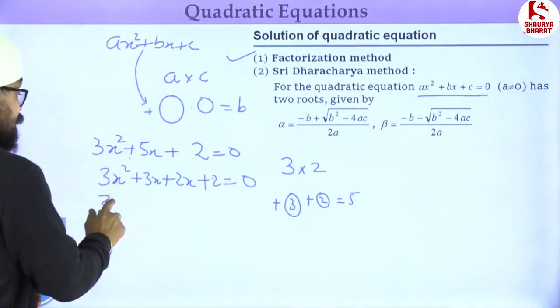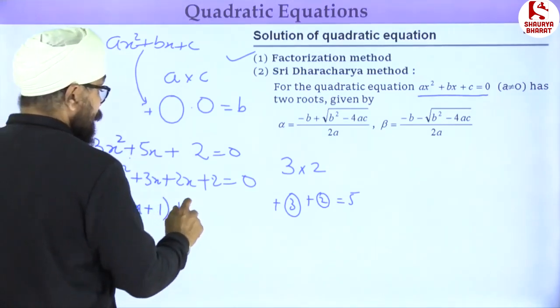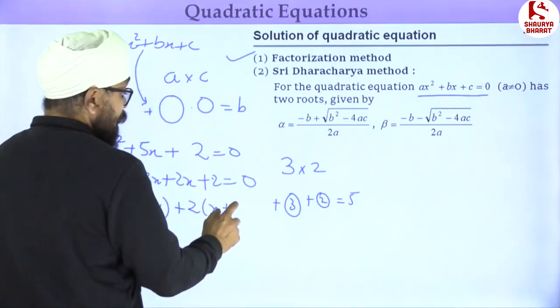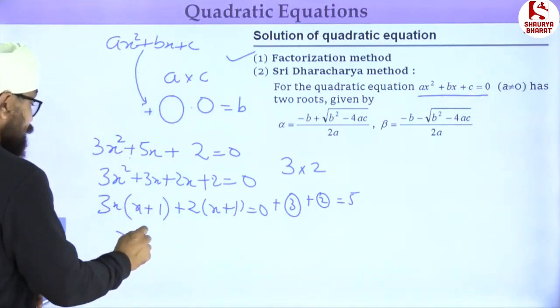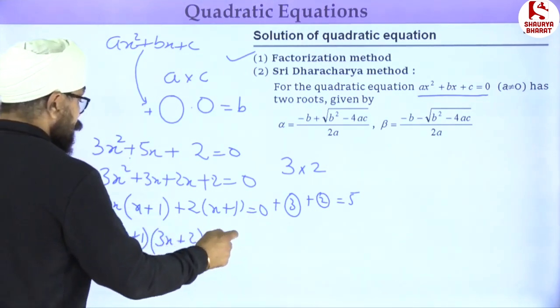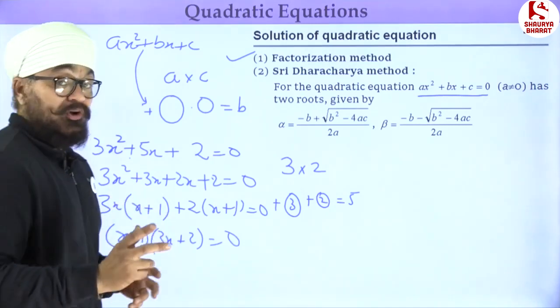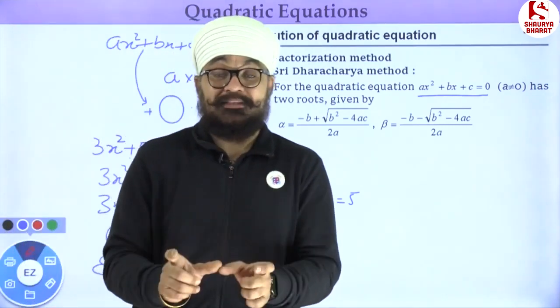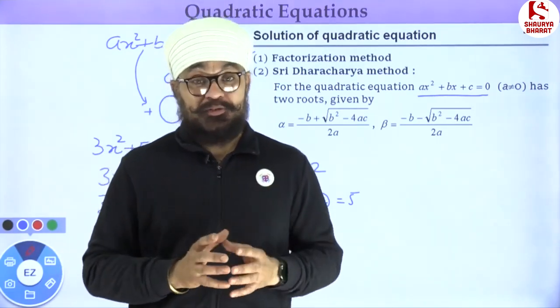Then 3x is common, so it is x plus 1, then plus 2 common, x plus 1 is equal to 0. Then we can have this x plus 1 factor common, and we are left with 3x plus 2 is equal to 0. Now this will say that either the first part, because when we say that the product of two numbers is 0, it is sure that one of the two numbers must be 0.